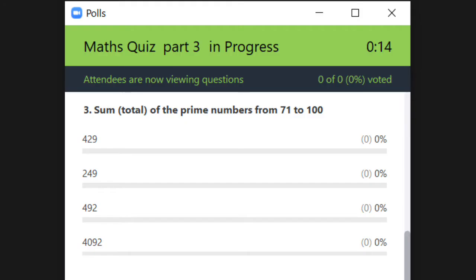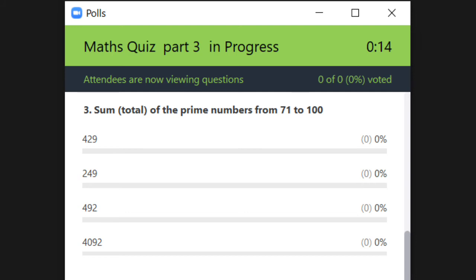Now let's move to the third question of the third round. The question is: total of the prime numbers from 71 to 100. So take out your notebook, write all the prime numbers from 71 to 100, and make the total of it.